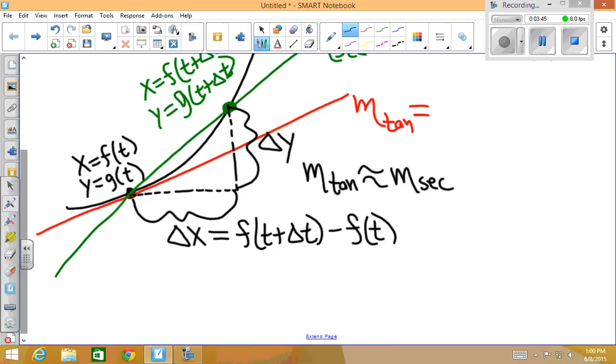That's the change in x. It's the difference between f of t and f of t plus delta t. Notice that if I divide this by delta t and multiply by delta t, I haven't really changed that difference any.